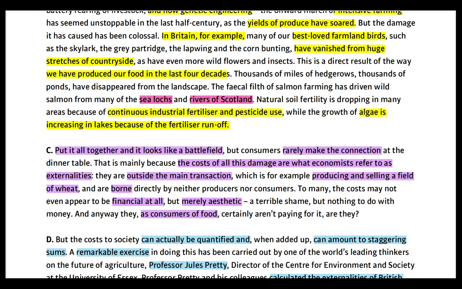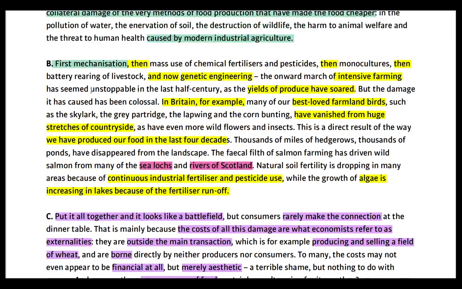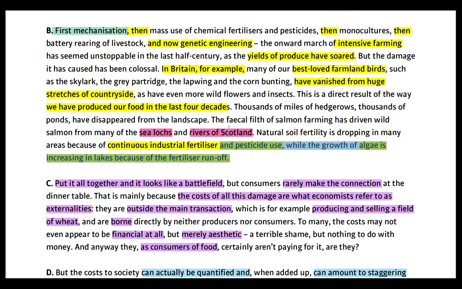We can see that in paragraph C, it says, to many, the cost may not even appear to be financial at all, but merely aesthetic. A terrible shame, but nothing to do with money. The cost here is the cost of environmental damage, as it's listed in paragraph B, right? Let me underline this sentence.